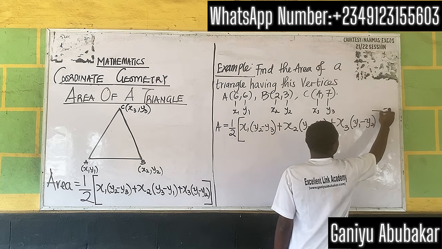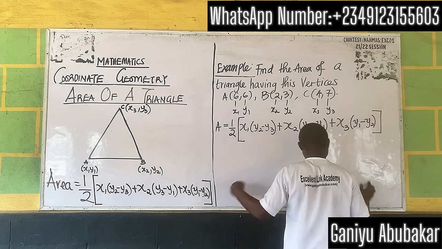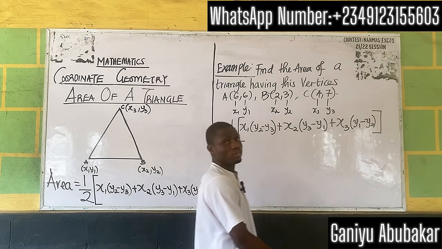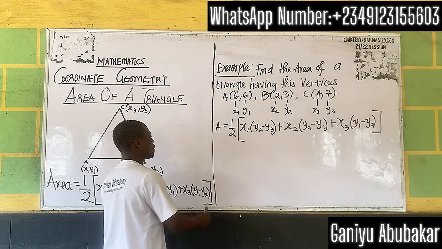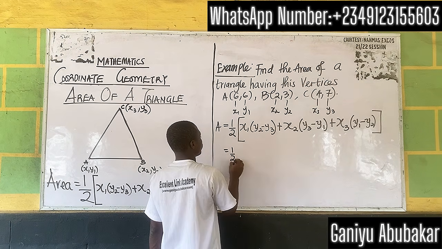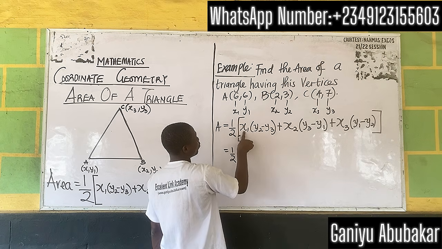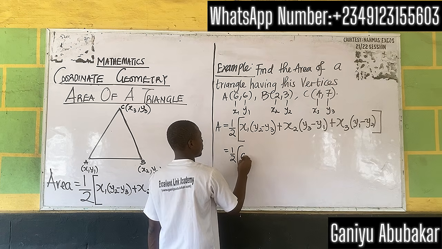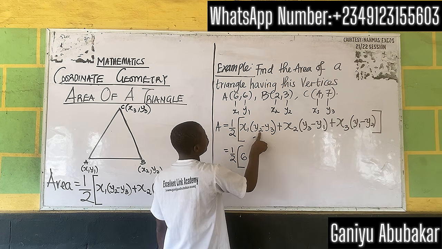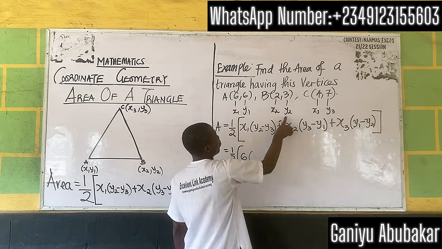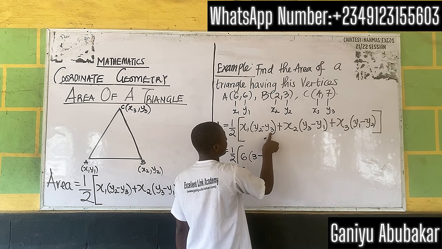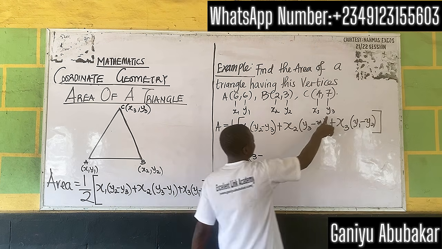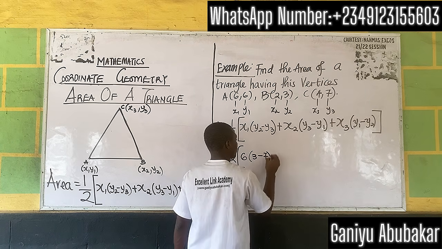All right. So you can see, without looking at the formula, I could drop it down. So it is now equal to 1 over 2 into, what's x1? x1 is 6. So that's 6. Open a bracket. y2 is 3. 3 minus y3 is 7. That's 7.